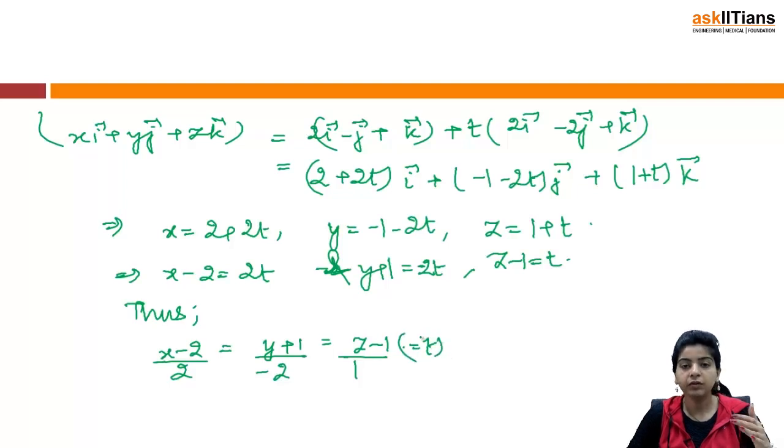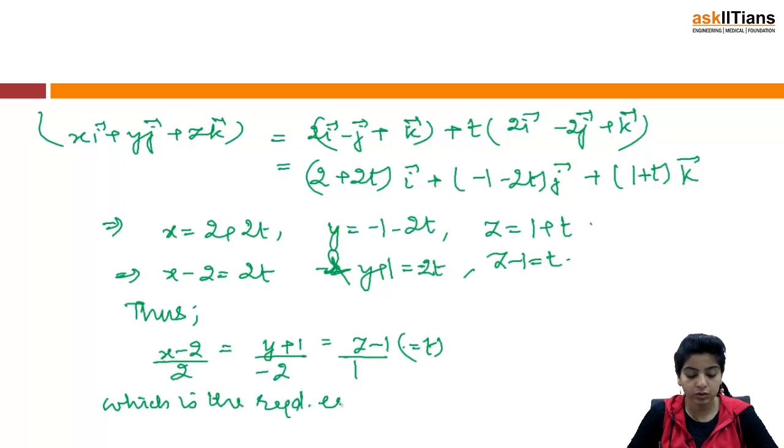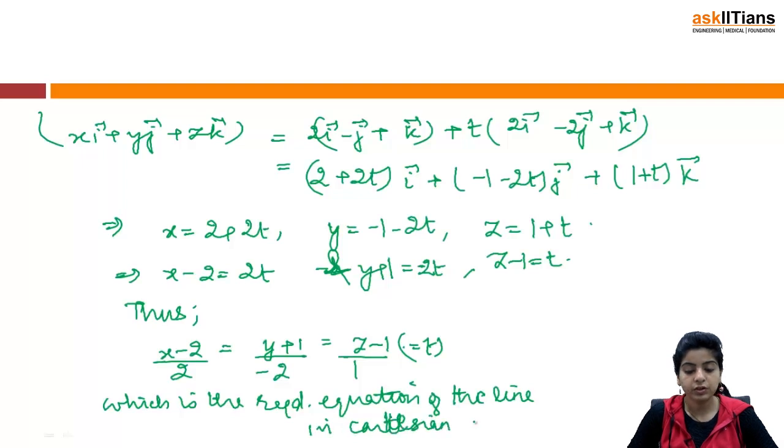I have equated this term is equal to this term is equal to this term, which is the required equation of the line in Cartesian form.